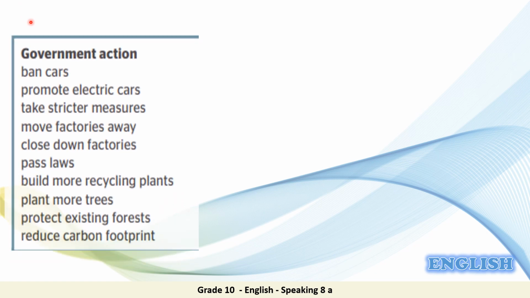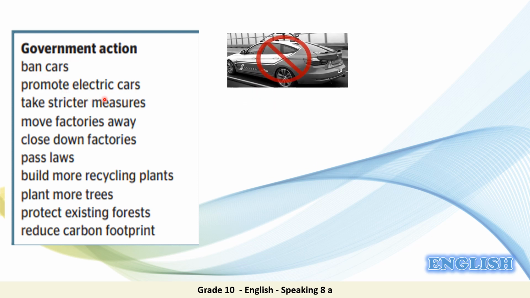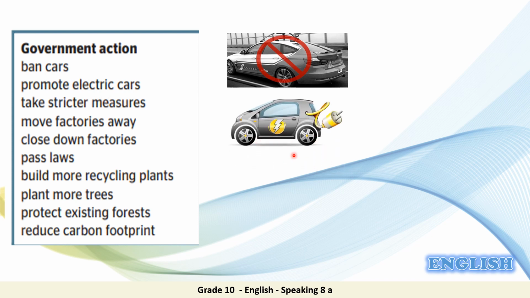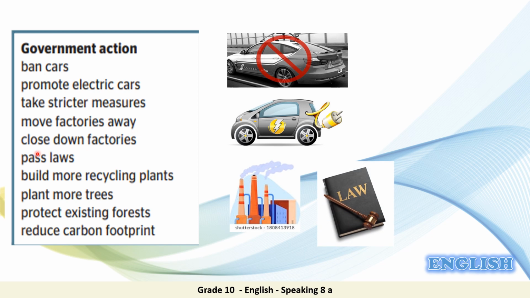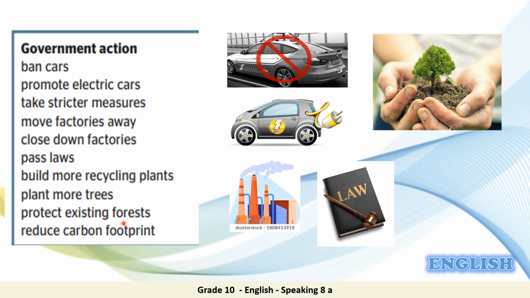And now let's talk about the actions that should be taken by the governments all over the world to save the planet. For example, to ban cars, to promote electric cars, those cars that depend more on electricity, take stricter measures, move factories away or even close down factories, pass laws, build more recycling plants, plant more trees, protect existing forests, and finally to reduce carbon footprint.